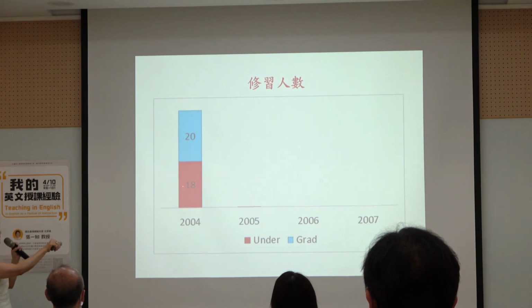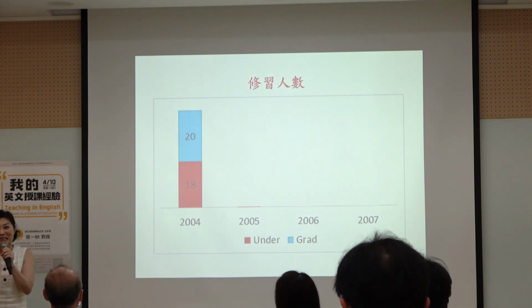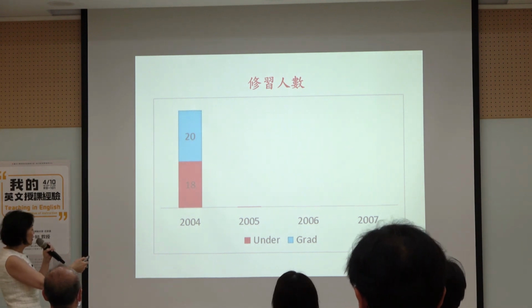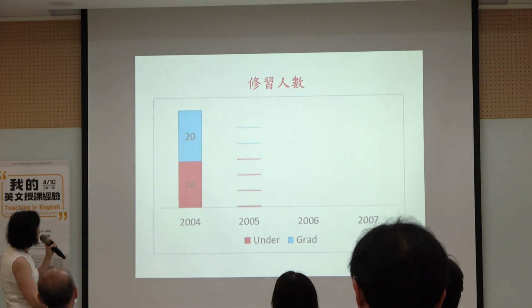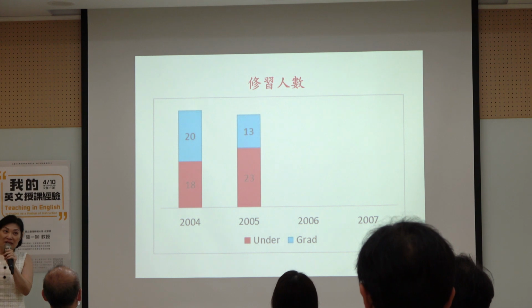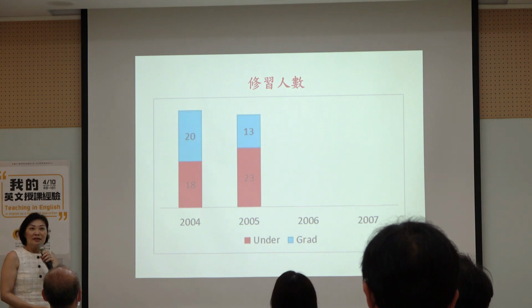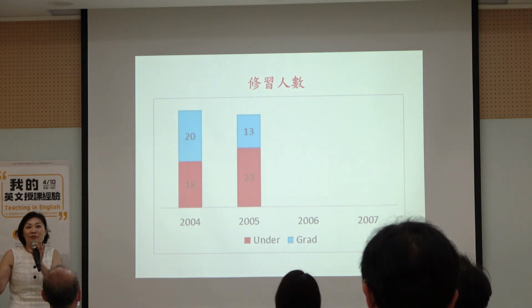So this is the year I taught in Chinese. The next year I announced I will teach in English. I ended up with almost the same amount, but the graduate students reduced significantly and the undergrads increased. So there's not much I can do. I have to accept them.